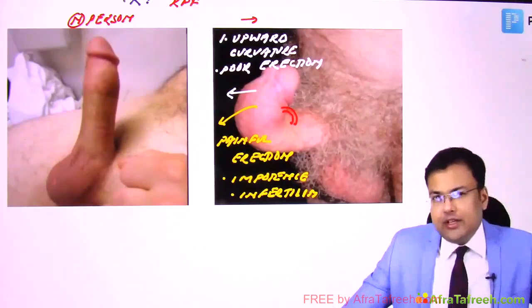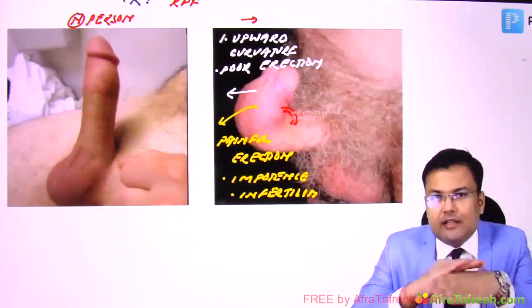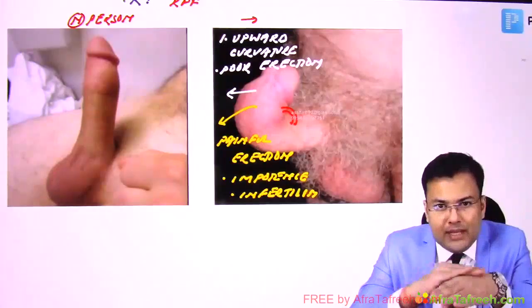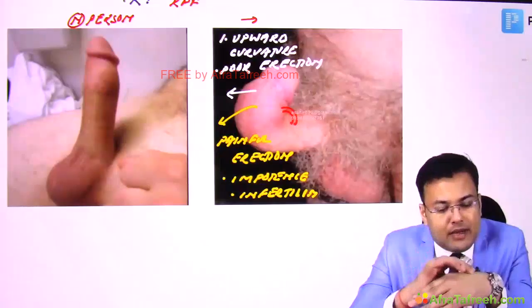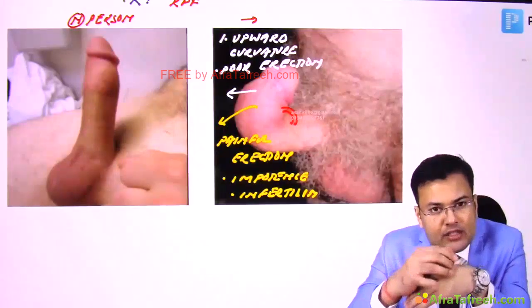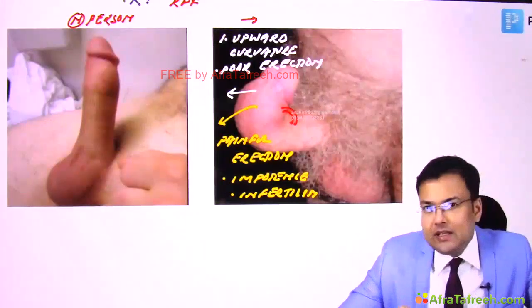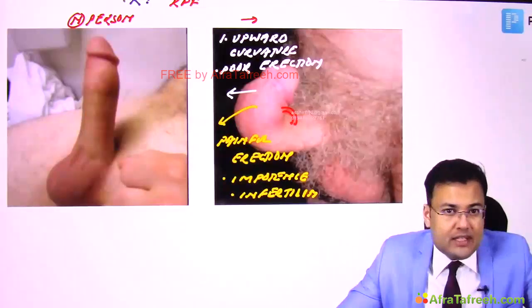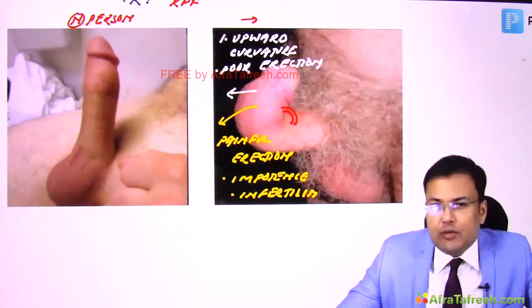Clear? Now see, all these problems are there when the penis is erect. In the flaccid state, if you are going to palpate the penis, what you can feel? You can feel that there is presence of plaque, fibrous plaque, over which aspect? Dorsal or dorsolateral aspect. What is the good thing about Peyronie's disease? That in more than 50% cases, spontaneous resolution occurs, means condition resolves spontaneously.